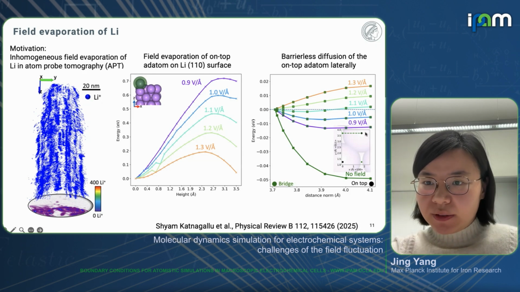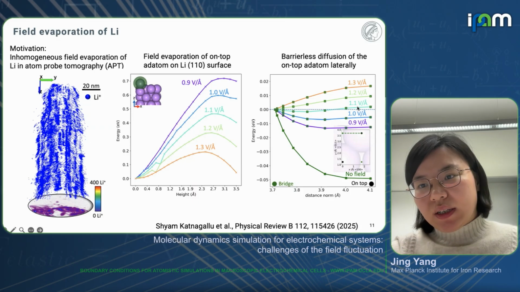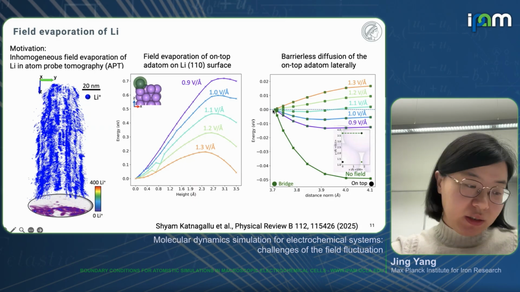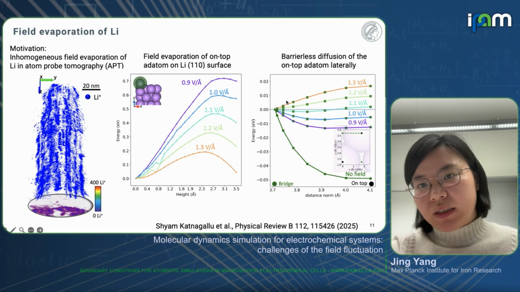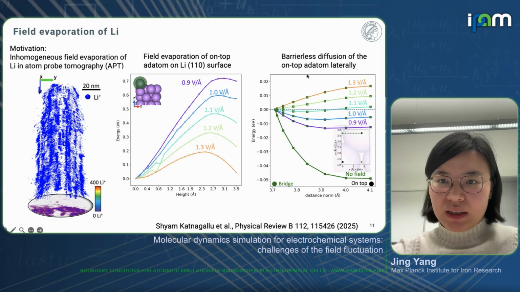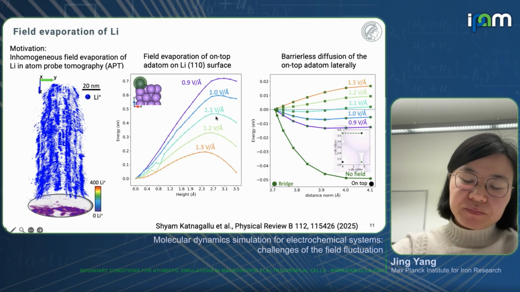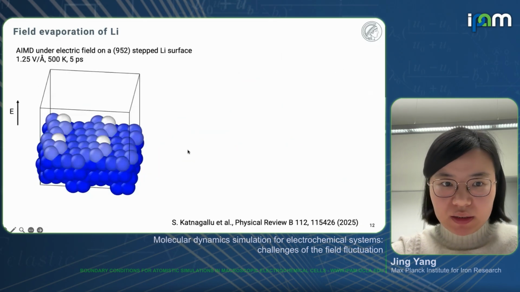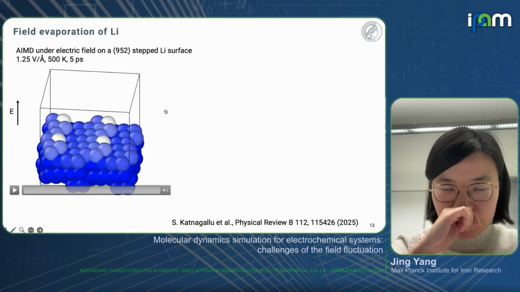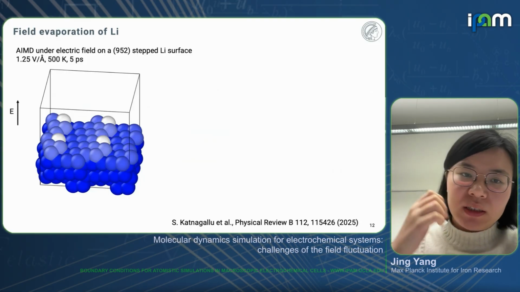But you can see here, when you increase the field magnitude, at some point, it is thermodynamically more favorable for the lithium to be on the bridge site, indicating there is this barrierless diffusion laterally of this on-top lithium adatom. So we were intrigued by this observation, and we indeed did AIMD simulation using this newly developed implementation with a VASP-Python interface.